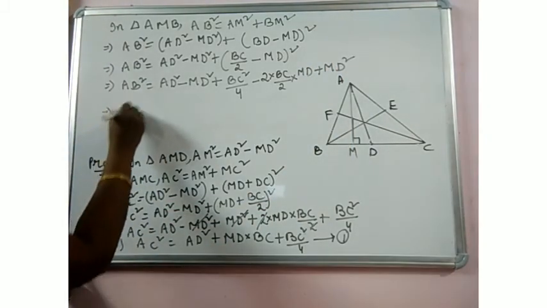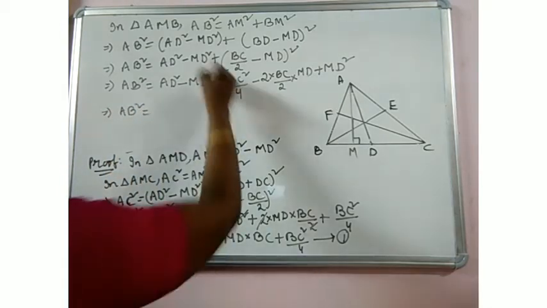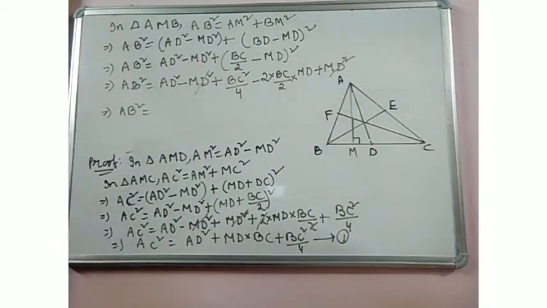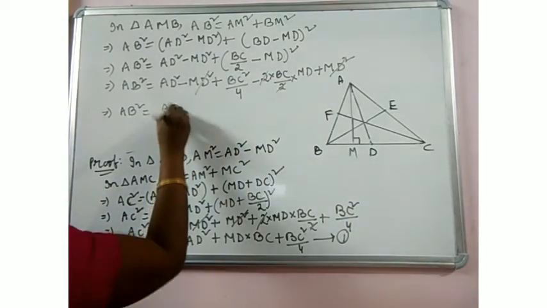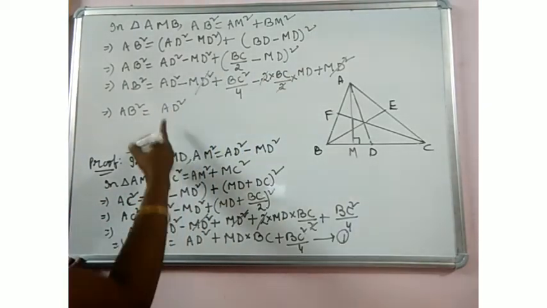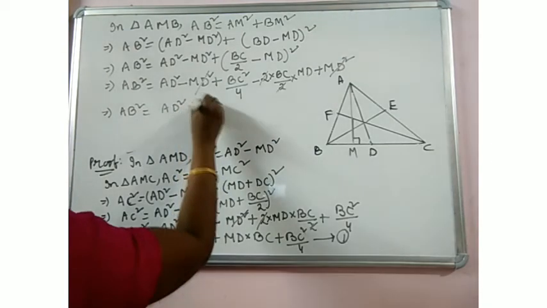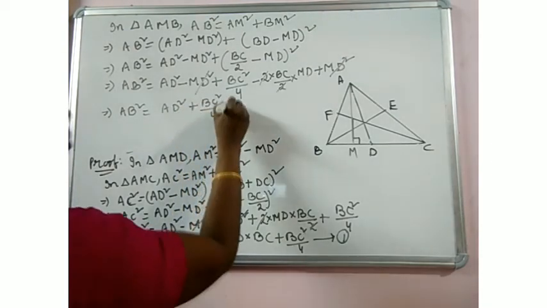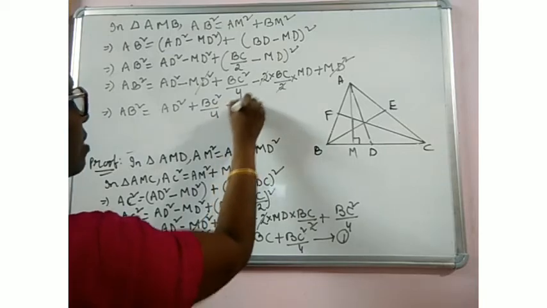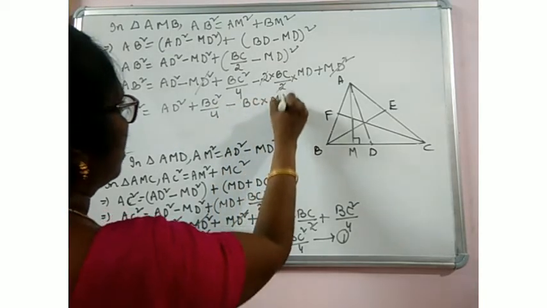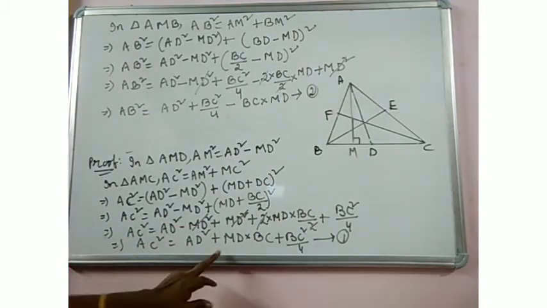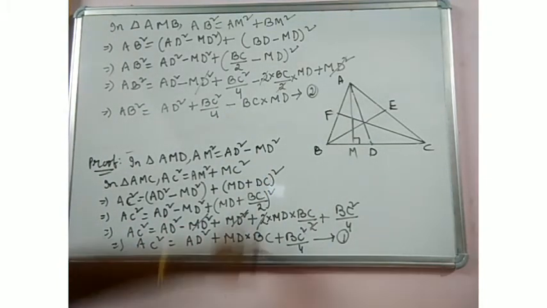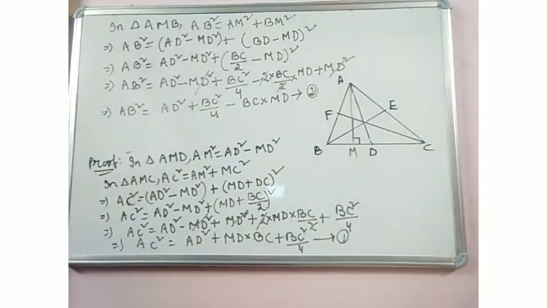That implies AB square equal to minus MD square plus MD square cancelled, here 2 is cancelled. We get AD square plus BC square by 4 and minus BC into MD. This is, let us take this as equation 2. You can see here plus MD into BC, here we got minus MD into BC.